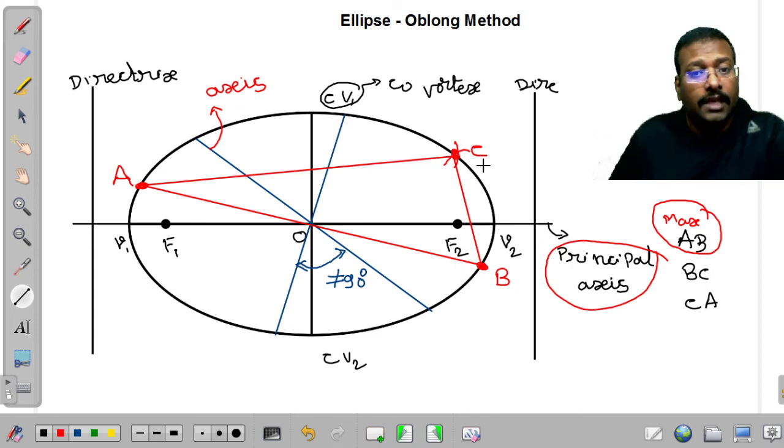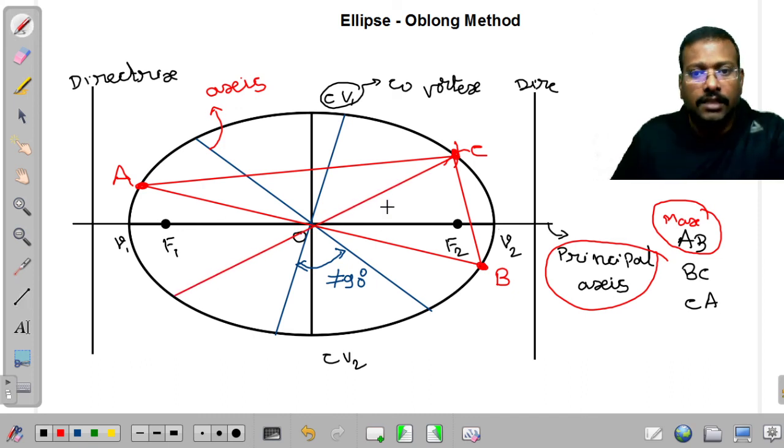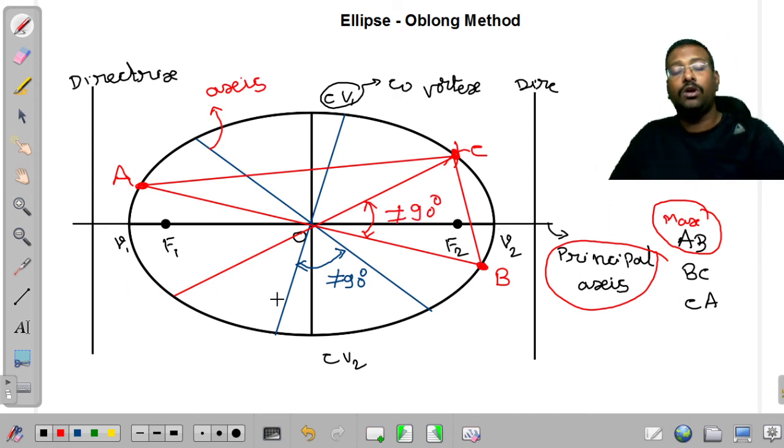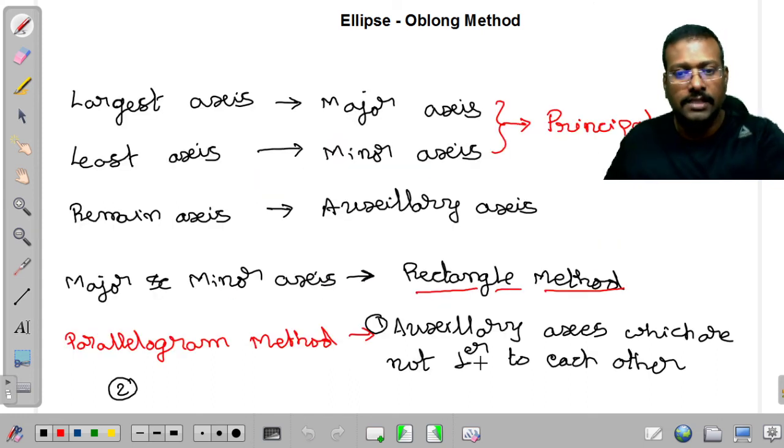Now sir, C is given. What is the meaning of it? Indirectly they have given another axis, that is this. This is the other axis. In this case also it is not equal to 90 degrees. In the previous case they give the angle, so the lengths of the axes will be given and the angle will be given.